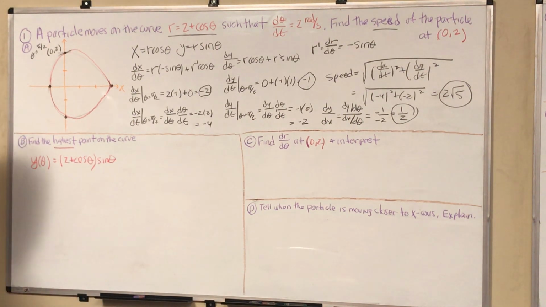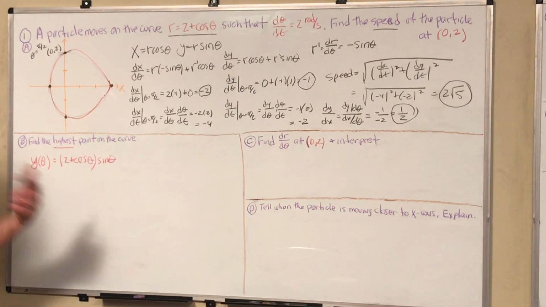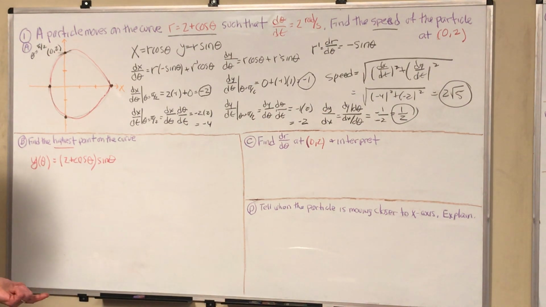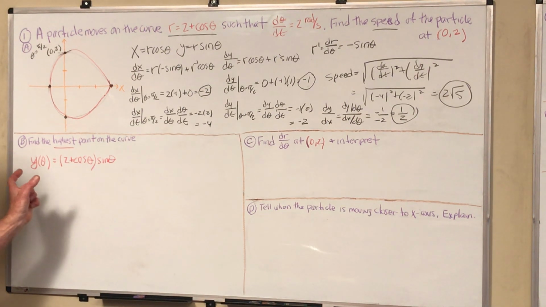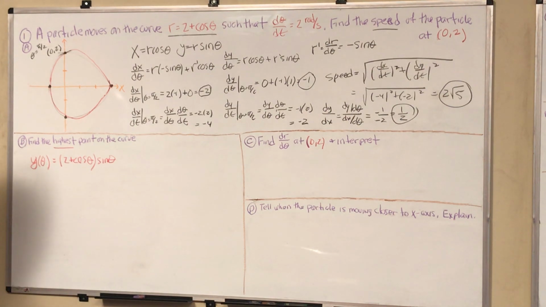Now, without a calculator, I'd have to take the derivative, set it equal to 0 or undefined, find critical values. But I know this one doesn't work out really nicely as far as the angles and everything are concerned. So let's say we use the calculator on here.